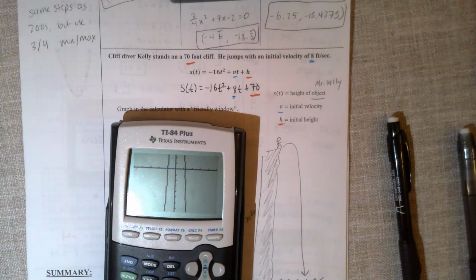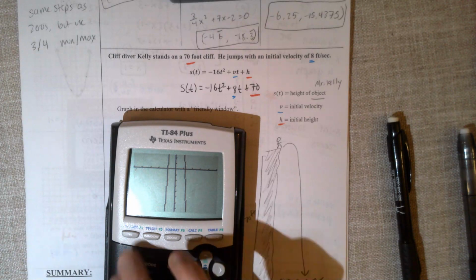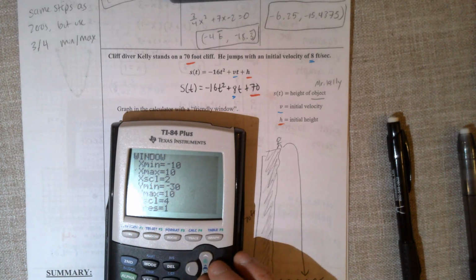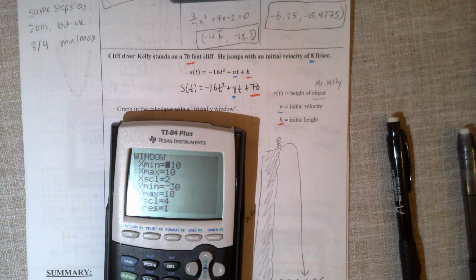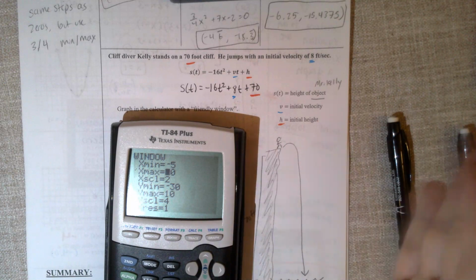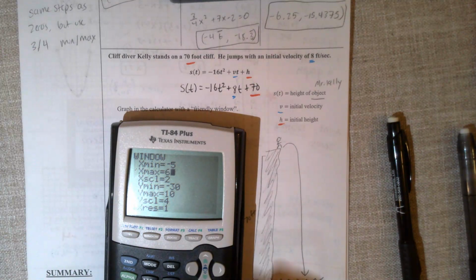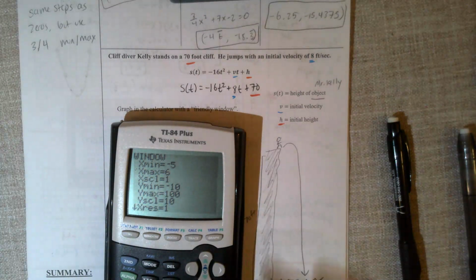Okay, so we need it to be higher, which makes sense, right? So our x min can be like negative 5, and our x max can be 10, which was already a little far, so we could do like 6, 1, and then our y min could be like negative 10, and our y max, we know that he starts at 70, so let's make this like 100, and this can be like 10. So let's see what that looks like.